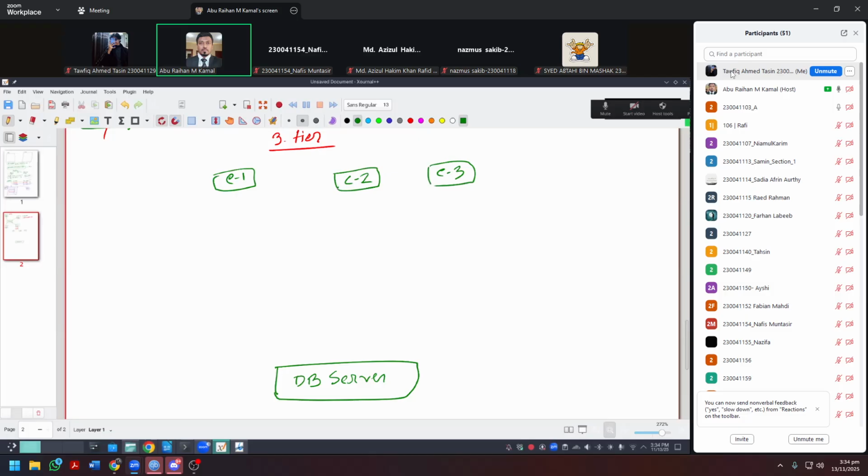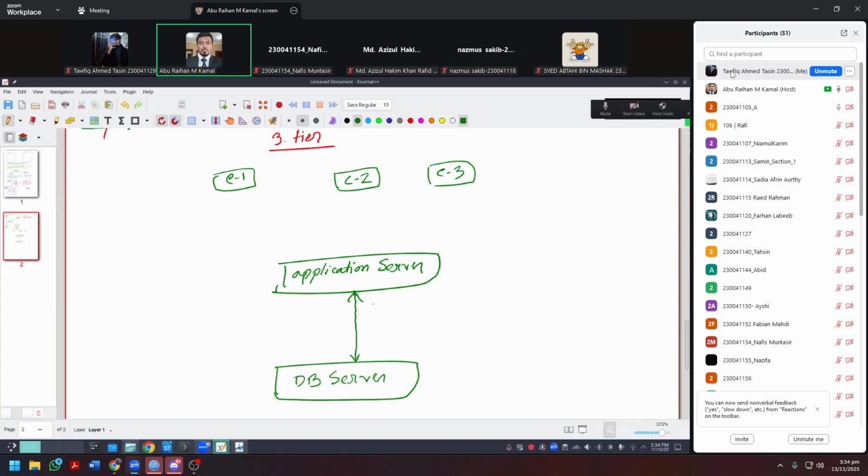And now they don't communicate directly to the database server. In between these two, there is another component we have added. We call it the app server. Okay. There is the application server. This application server can directly communicate to the database server one-to-one.